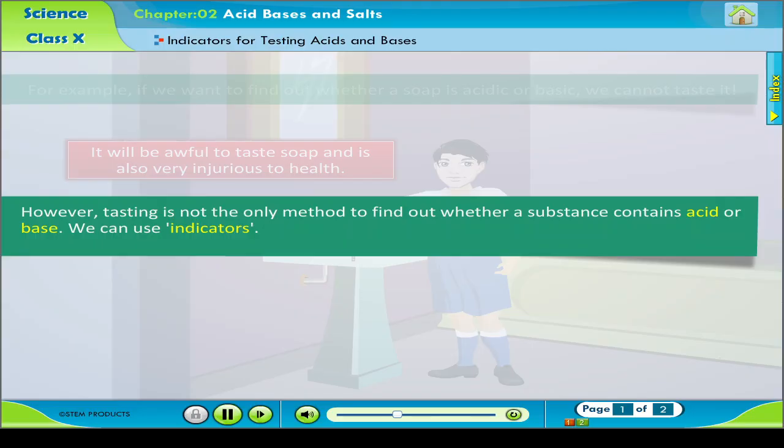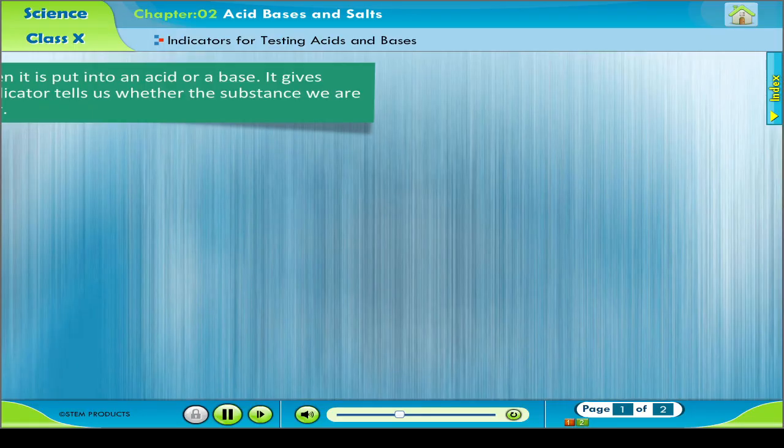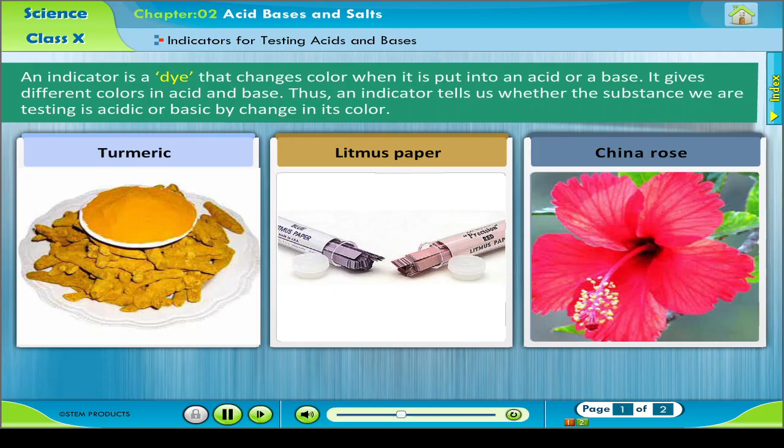We can use indicators. An indicator is a dye that changes color when it is put into an acid or a base. It gives different colors in acid and base. Thus, an indicator tells us whether the substance we are testing is acidic or basic by change in its color.